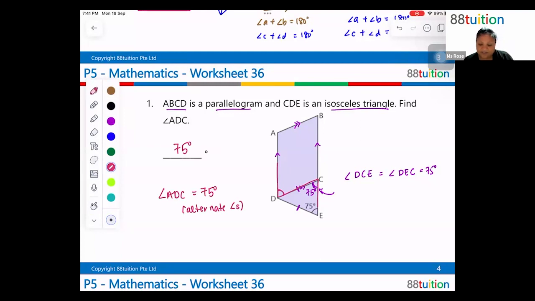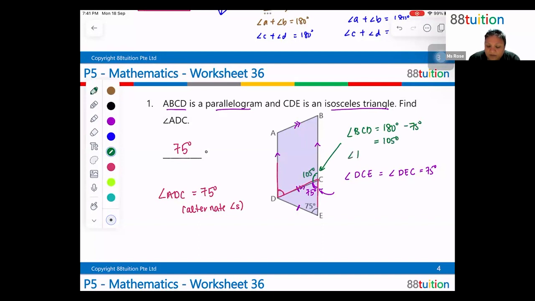Alternate angles? No? Okay, alternatively, I can also go the longer way, whereby I find this angle, angle BCD, which is equal to, angles on a straight line, will give me 105.